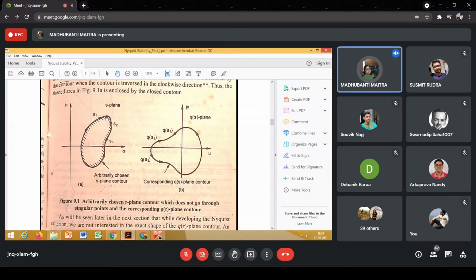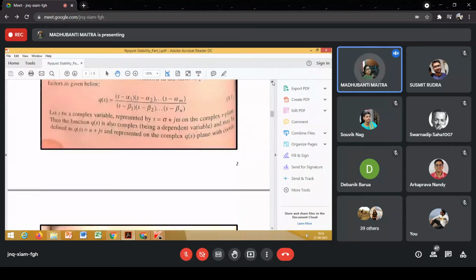But there is one condition: this particular contour that we are considering on the S plane will not pass through any singular point for the given QS, for the given function.